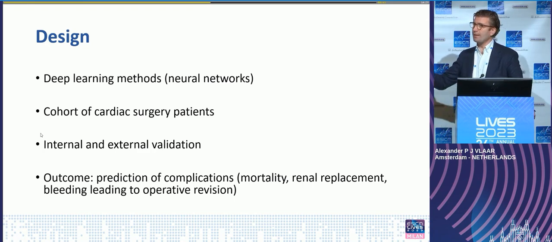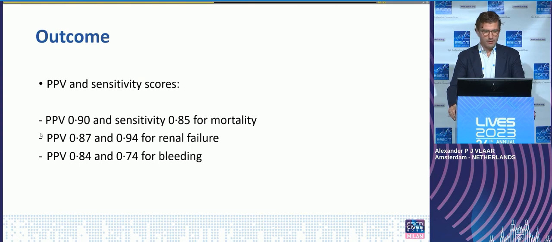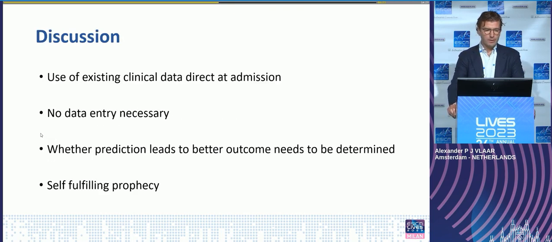And what was good with this system is that it used real-time data of the EPD, filling the model and giving back the prediction. And here you see the positive predictive value and sensitivity scores, so really good for problems like mortality, renal replacement therapy, or major bleeding.